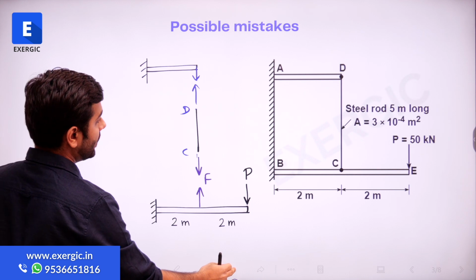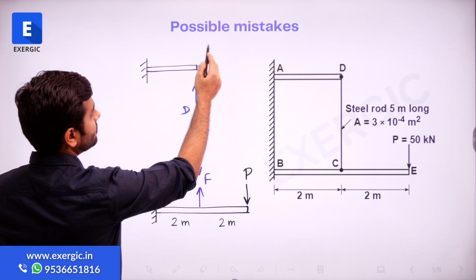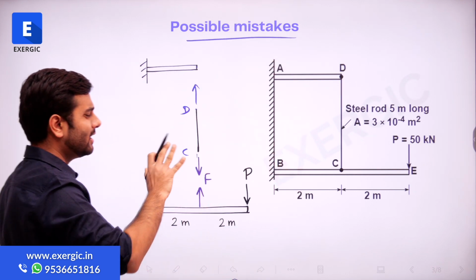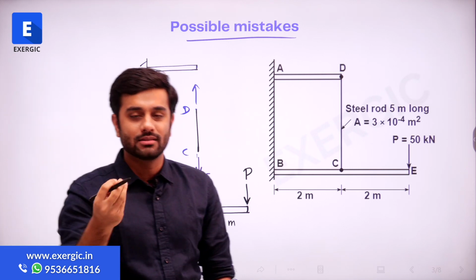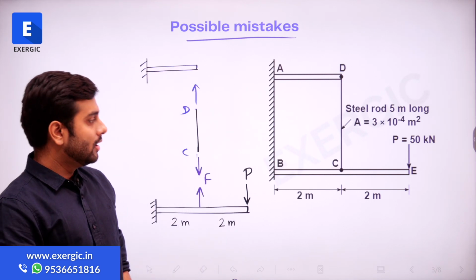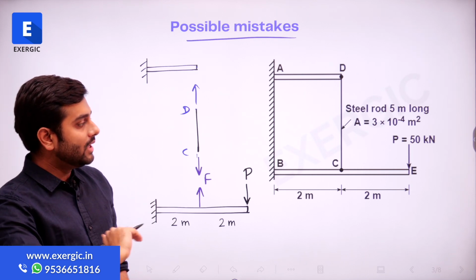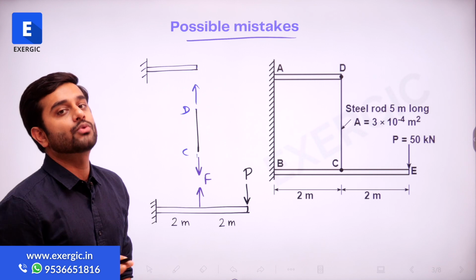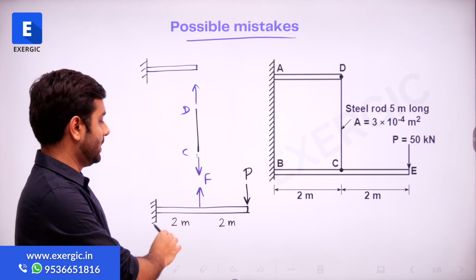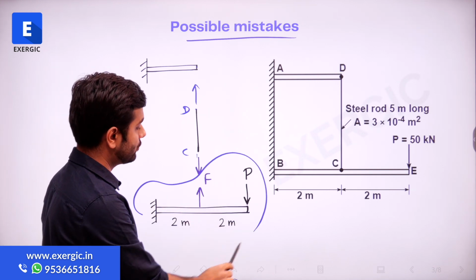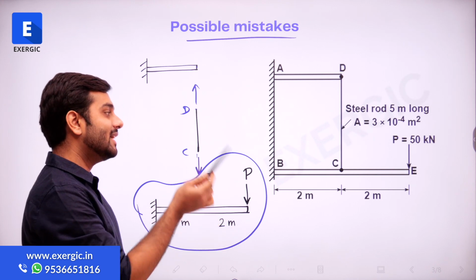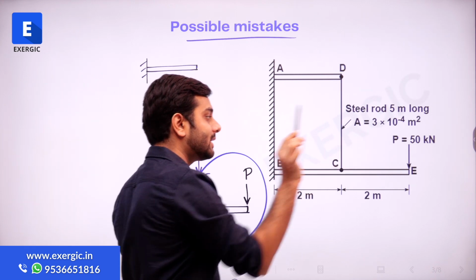Now at this point, as you can see, I have written possible mistakes. Some of the students can make a mistake in making this. It's a silly mistake, it should not happen. But one possible mistake in this question is that when students start to solve it, they will start from here, right? This is the most logical place to start from because we have been given the external load acting at that point.